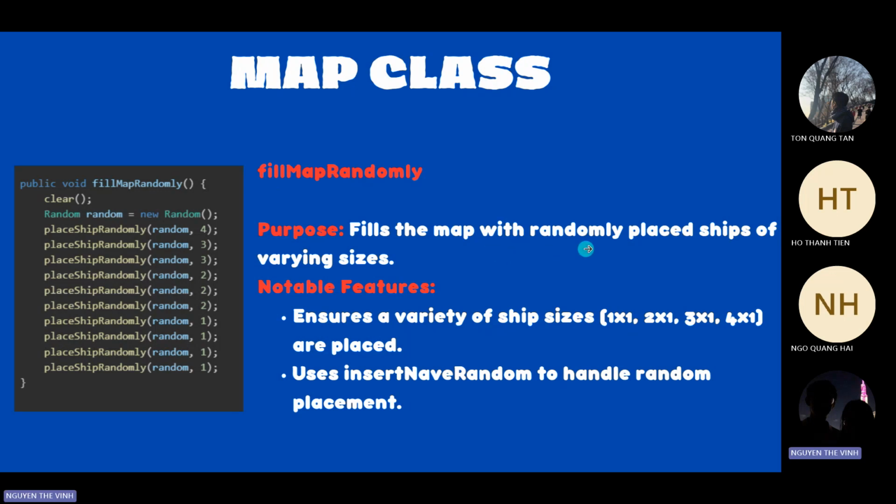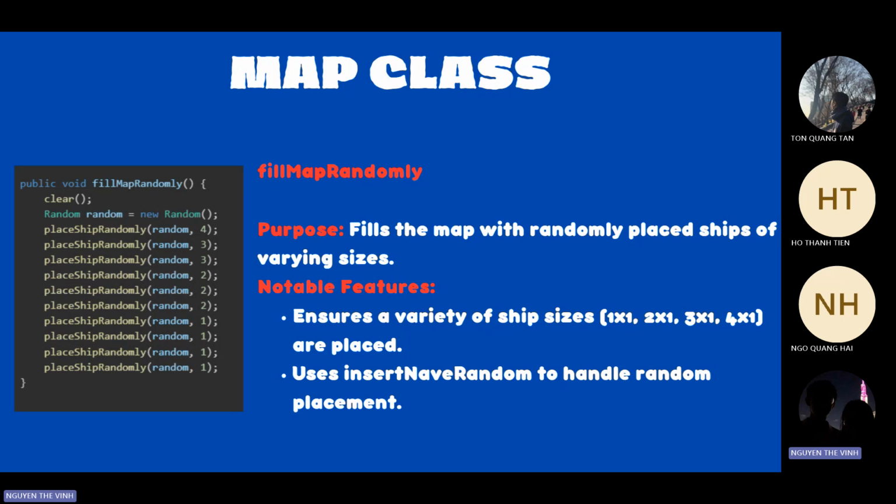The function of it is to fill the map with random placement of the ships. The implementation is that the function iterates through predefined ship sizes. For each size, it calls insertShipRandom, a helper function that handles the random placement of a ship on the map. So what does it do?